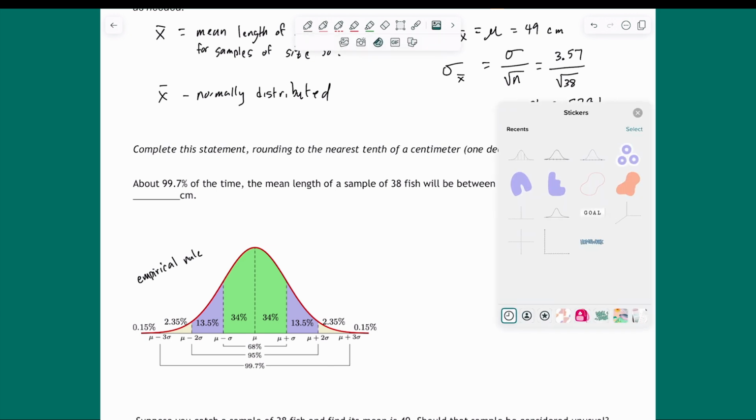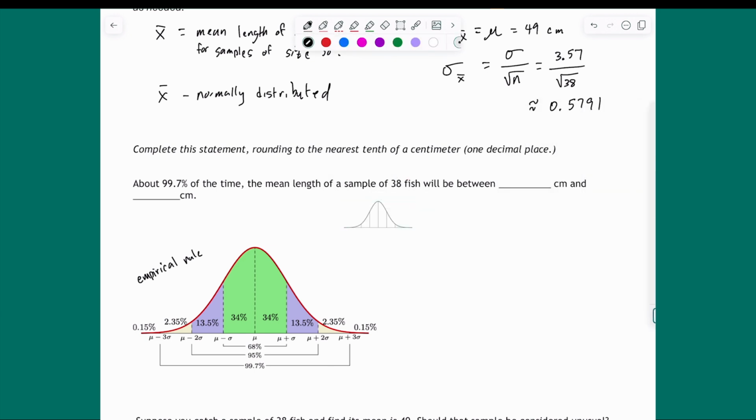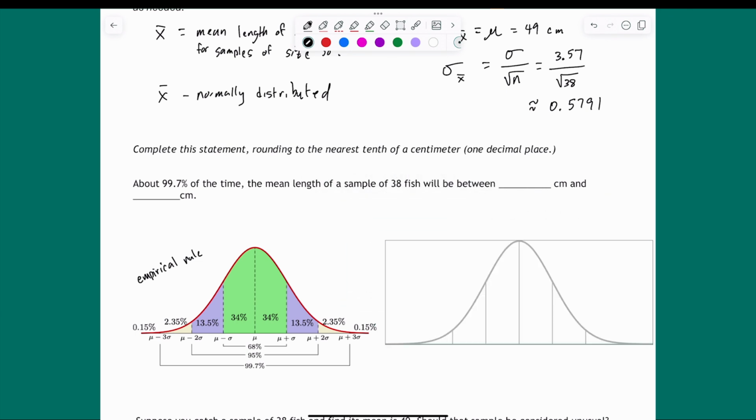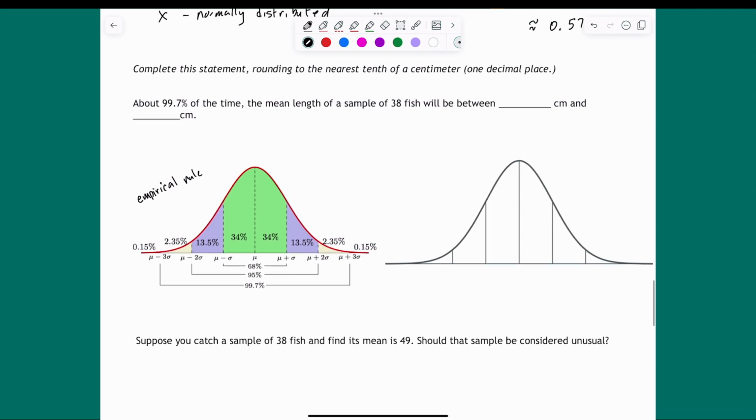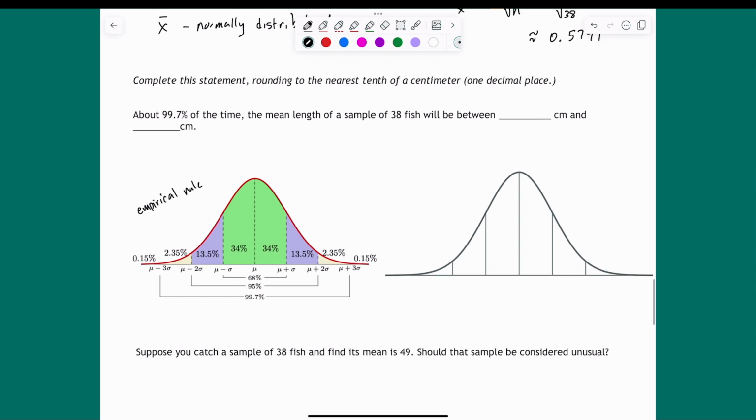Let me insert a very similar picture. What we're looking for is 99.7%. If you look at the empirical rule, the lengths in this case have to fall between the mean minus 3 standard deviations and the mean plus 3 standard deviations. So we need to do that calculation.